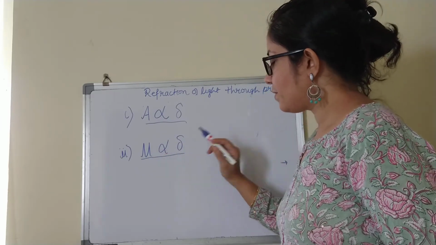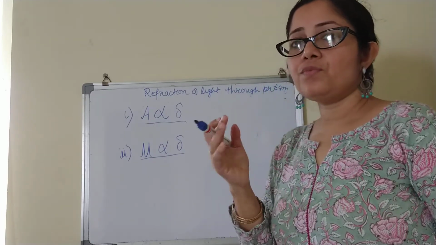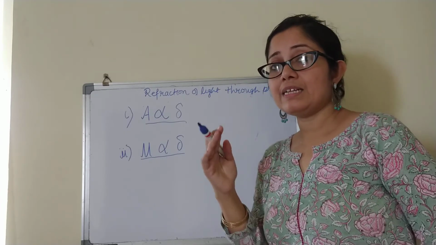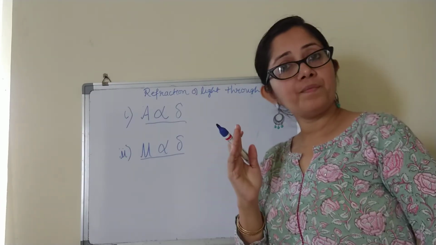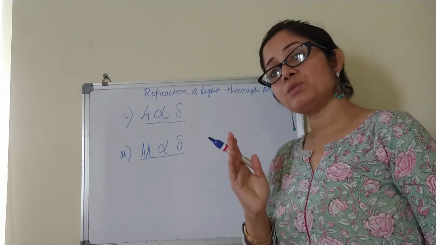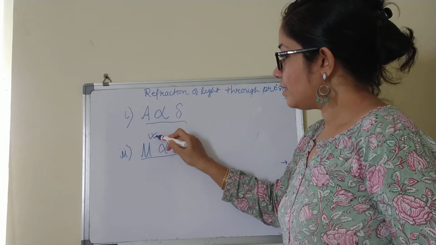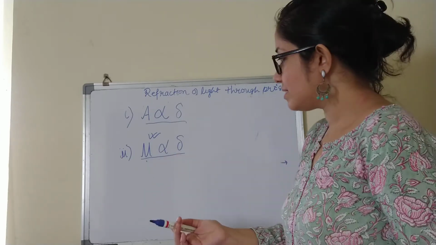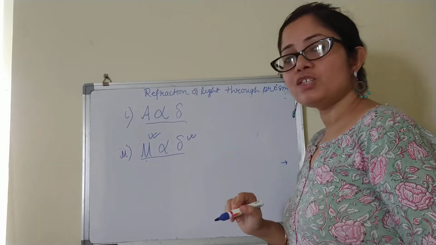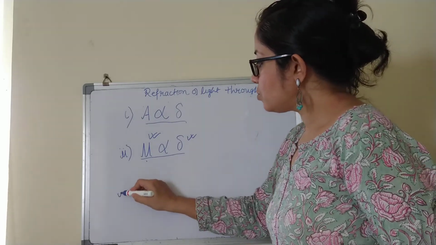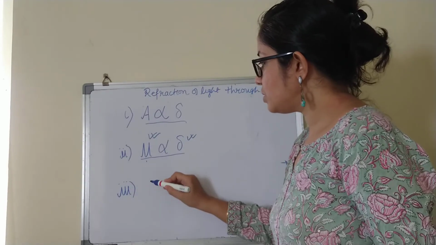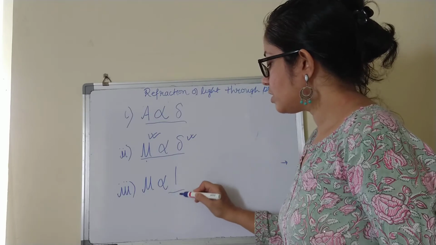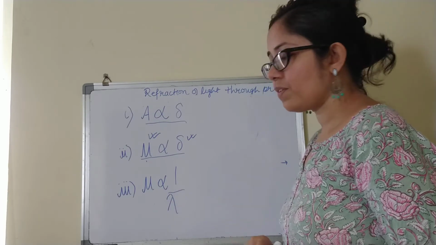This is very common sense: the more optically denser the medium is, the more the light bends, or deviates. So the more the refractive index, the more will be the deviation of light. Number 3: earlier we had deduced that the refractive index is inversely proportional to the wavelength of light.